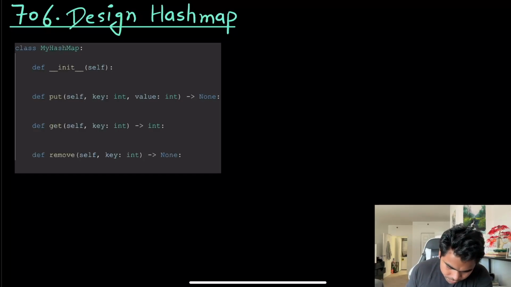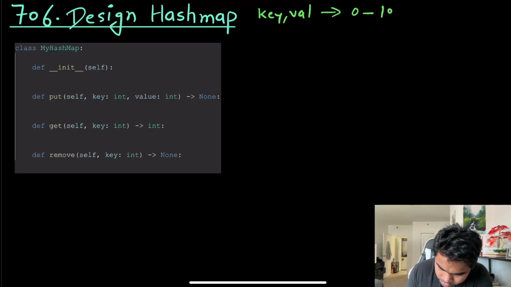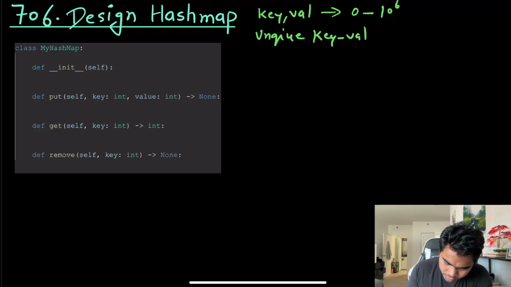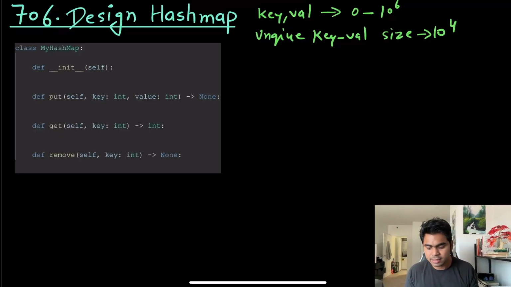Here, the key and value could be in the range of 10 to the power 6, and the number of unique keys at a time would be 10 to the power 4. This is written in the constraints, so you can refer to it there. They could change it next time, right?